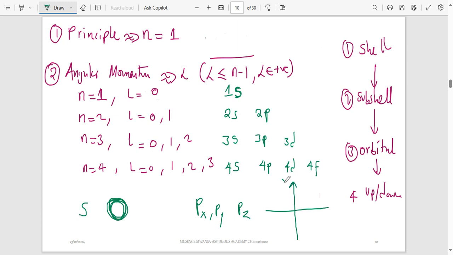Let's say this is the y-axis, this is the x-axis, and then you have also the z-axis. So px will go like this. It makes the symbol infinity, but it is going towards the x-axis like that. And then py goes towards the y-axis, so it will be like this.